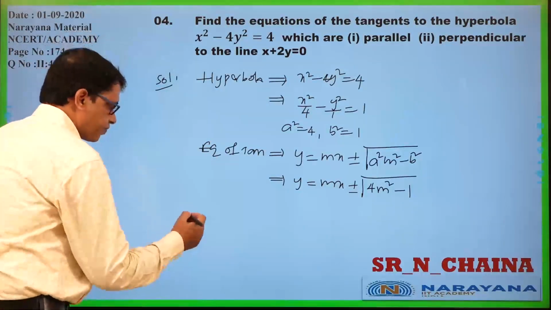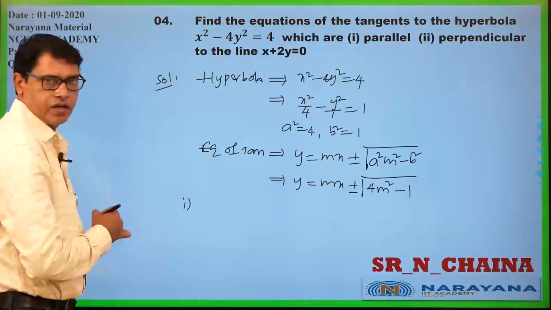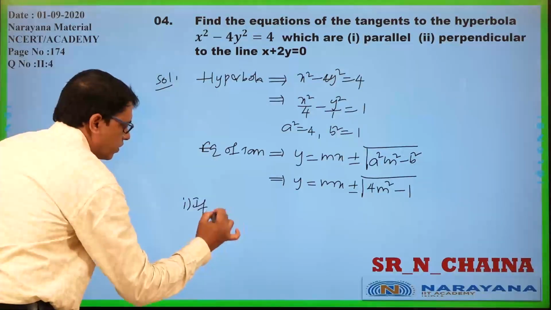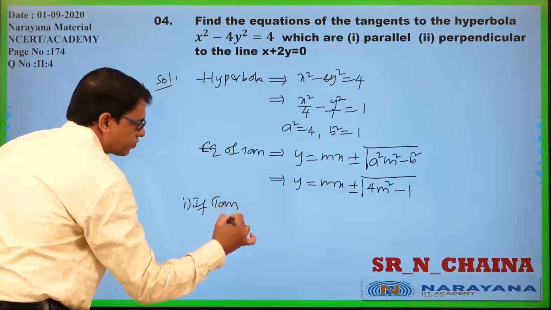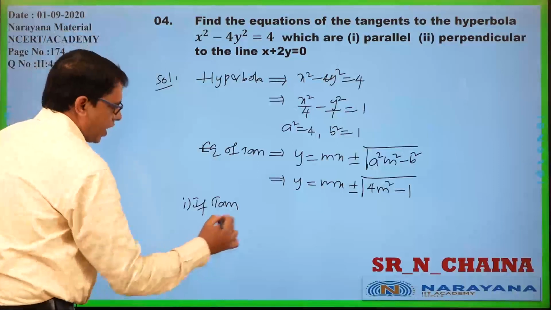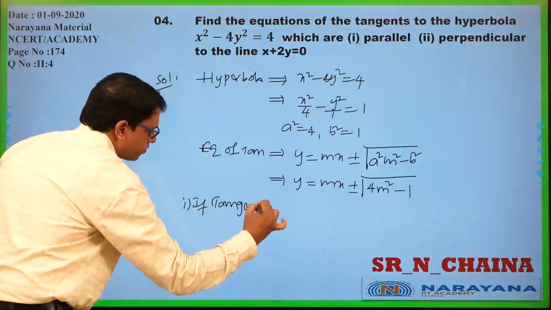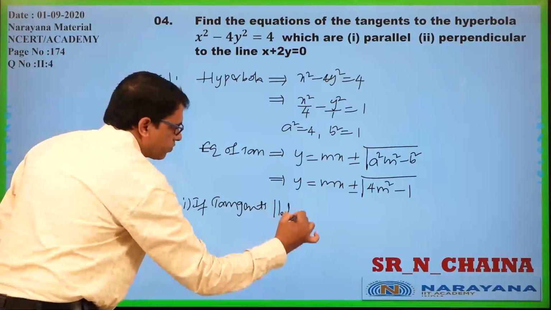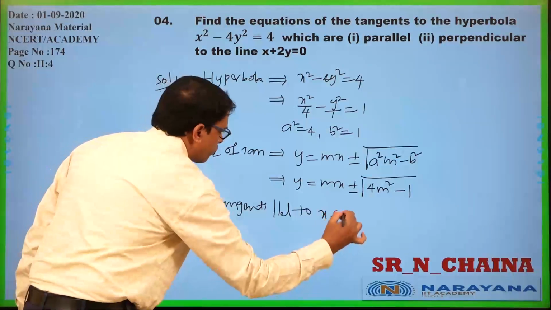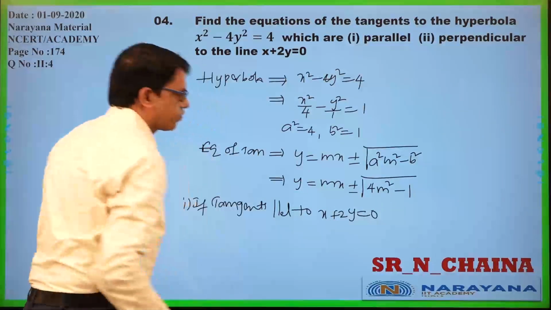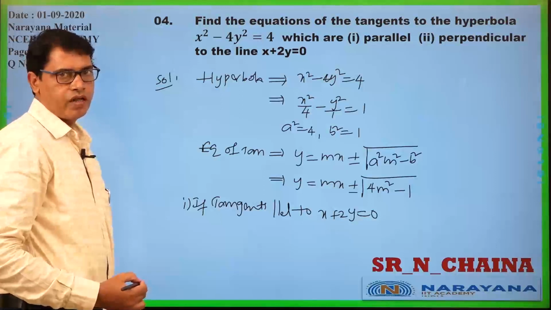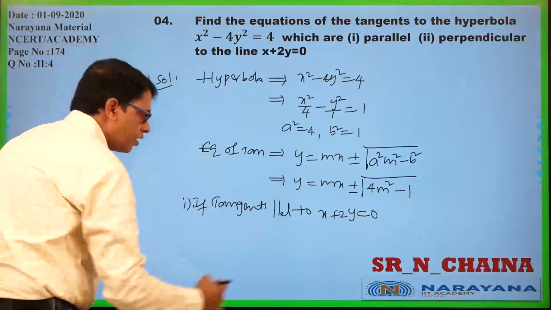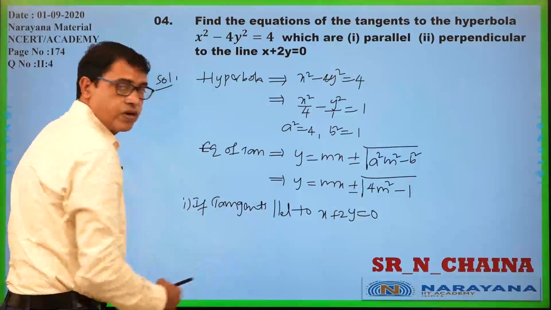Case 1: if the tangents are parallel to x plus 2y equals 0. If the lines are parallel, then slopes are equal. What is the slope? Minus 1 by 2.